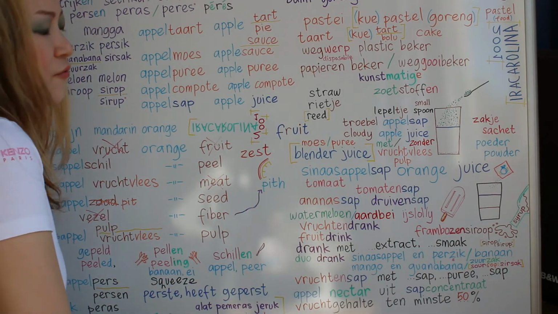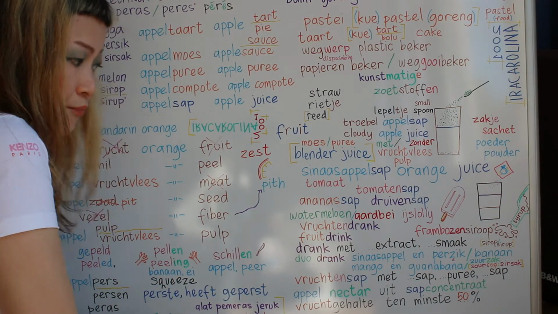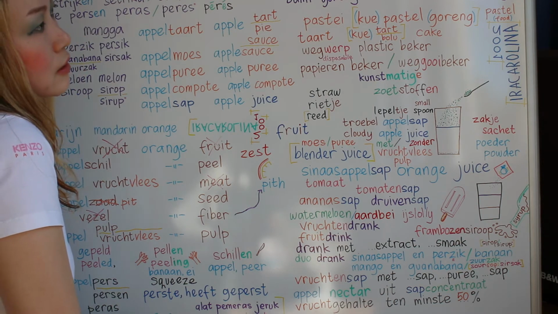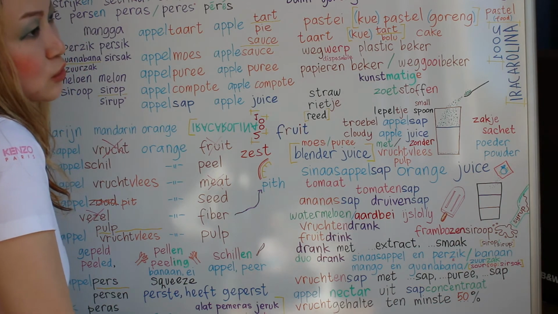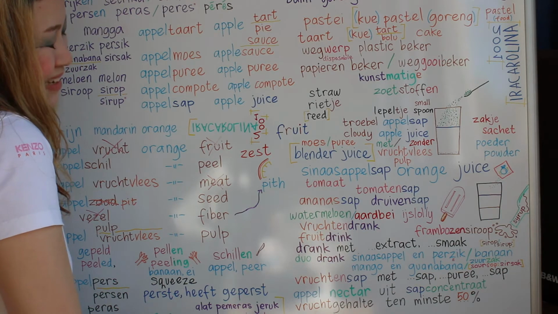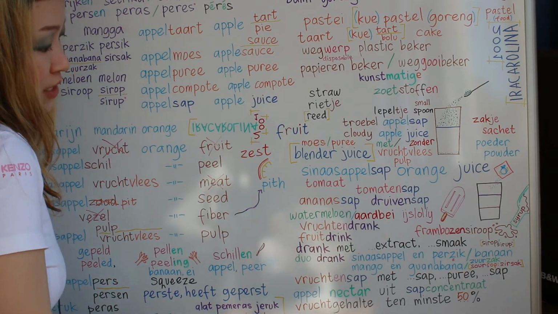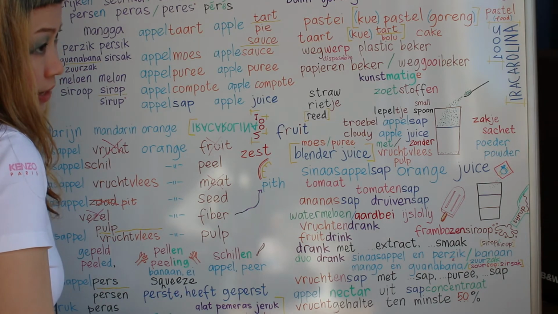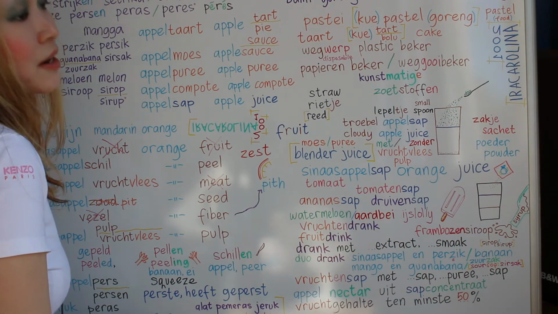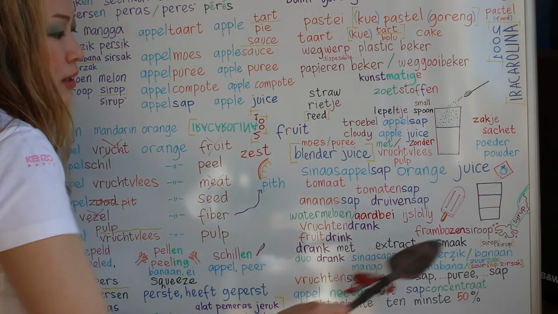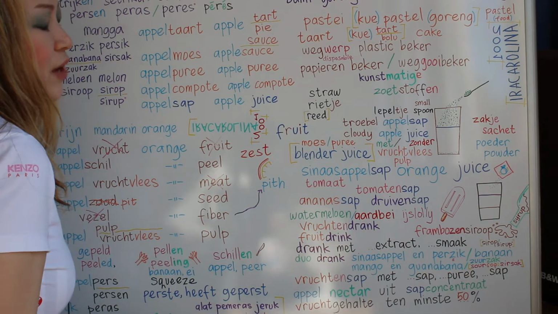There's an interesting fact that in Indonesia, strawberry is strawberry, in Dutch it is aardbei. But in Indonesia, we also have arbei. But arbei is raspberry, or in Dutch is frambozen.